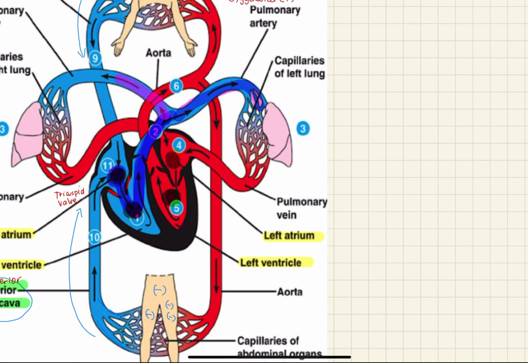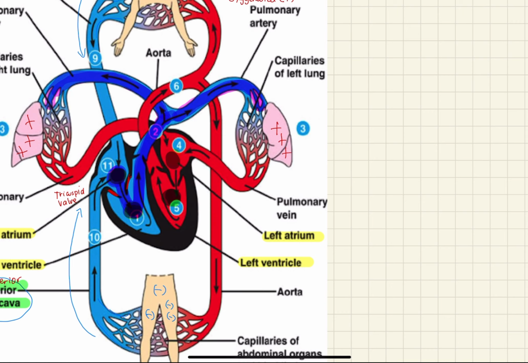So pupunta po yung ating dugo sa lungs, sa ating baga. And what happens is that this blood becomes oxygenated. Okay? So anong nangyayari? Yung dugo po kanina na unoxygenated, now they become oxygenated. Okay? So nadagdagan na po ng oxygen yung dugo.